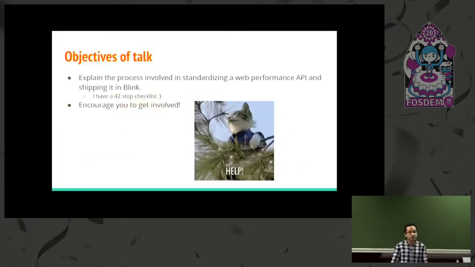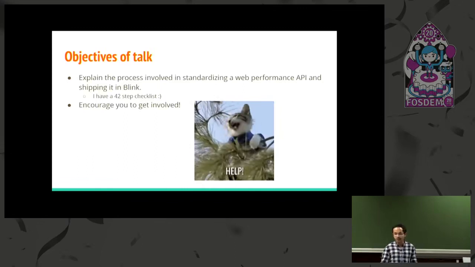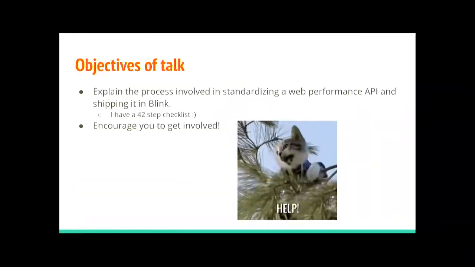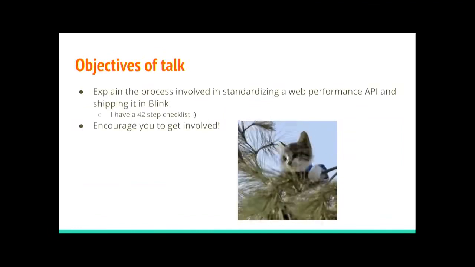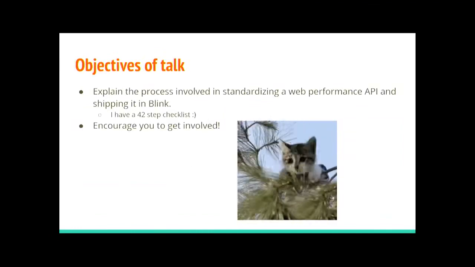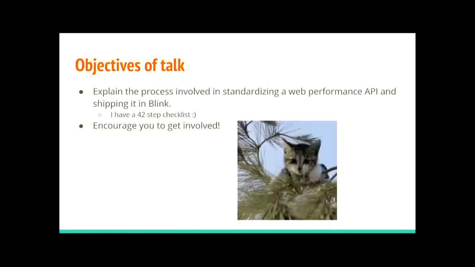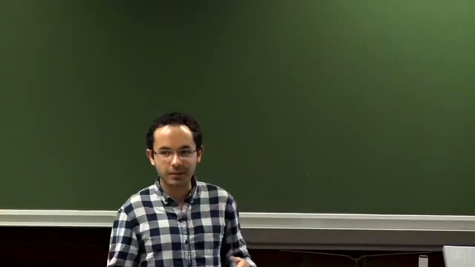So the objectives of the talk are basically two. I want to explain the process that's involved with standardizing a new web performance API so that developers get a more clear sense of the steps involved and can also maybe understand why sometimes it takes so long. In fact, I have a 42-step checklist so that I don't forget some of the steps that are required.